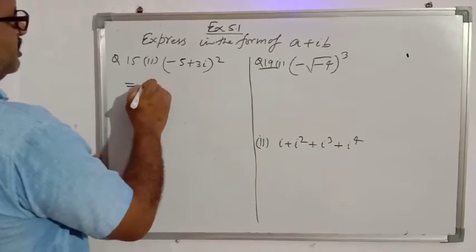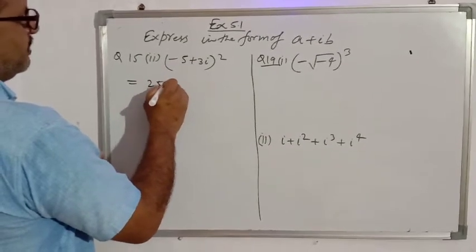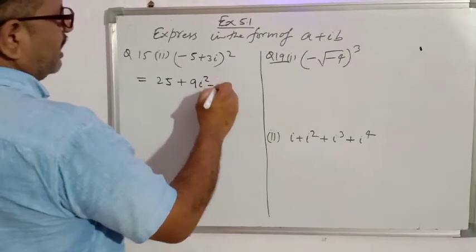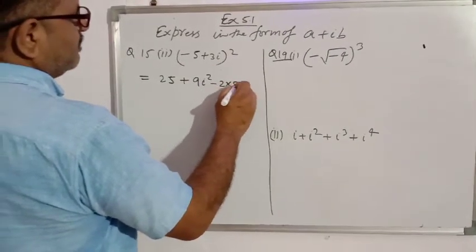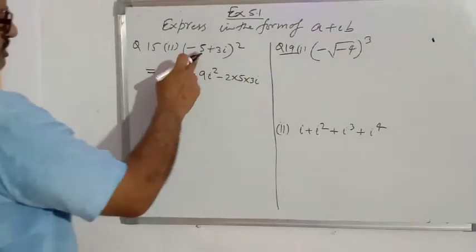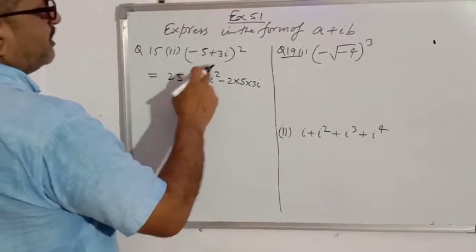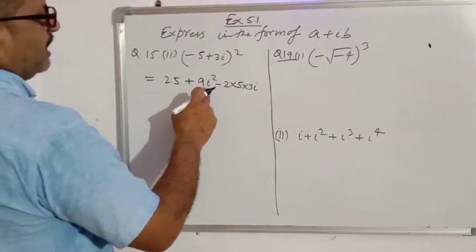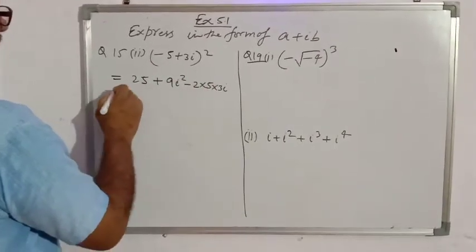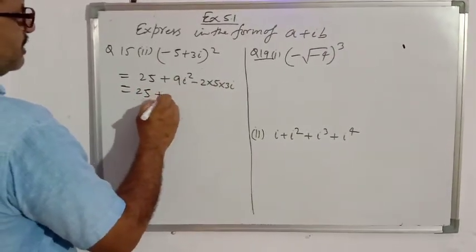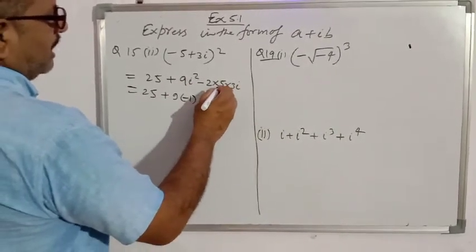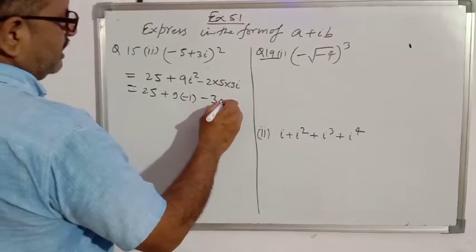So minus 5 whole square is 25, plus 3i whole square is 9i square, minus 2ab, that is 2 into 5 into 3i. So 25, 9i square, minus 2 into 5 into 3i. 25, i square value is minus 1, and 5 2s are 10, into 3, minus 30i.